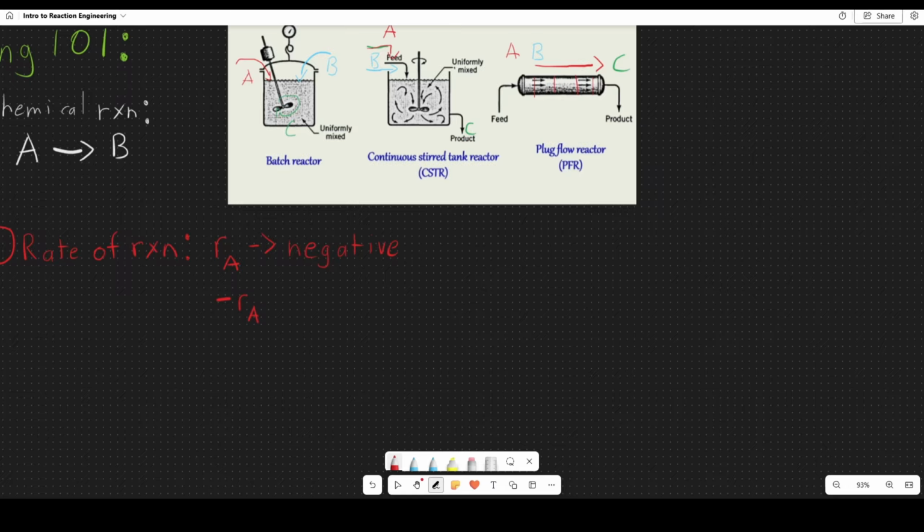The key idea is basically that the rate depends on concentration. For a lot of reactions, the more A you have, the faster it reacts. And that makes sense, right?